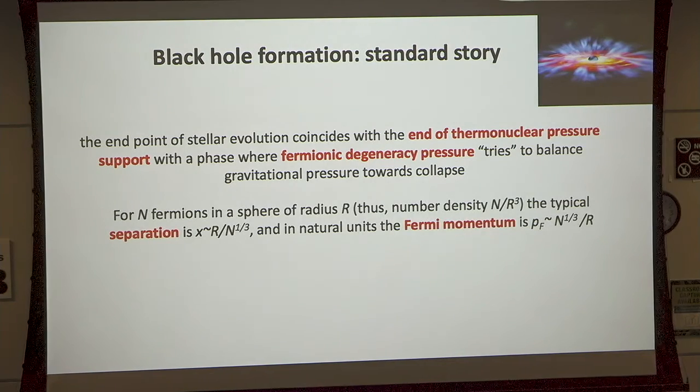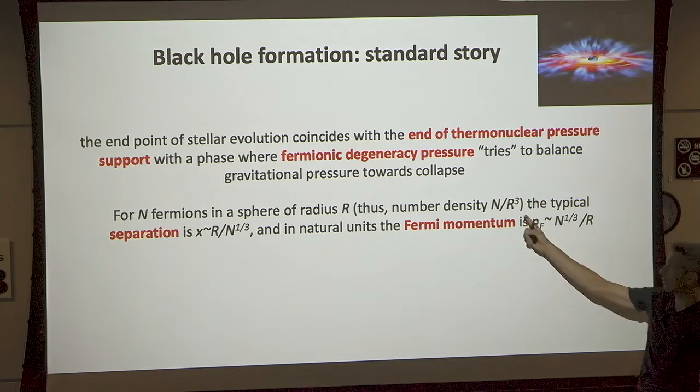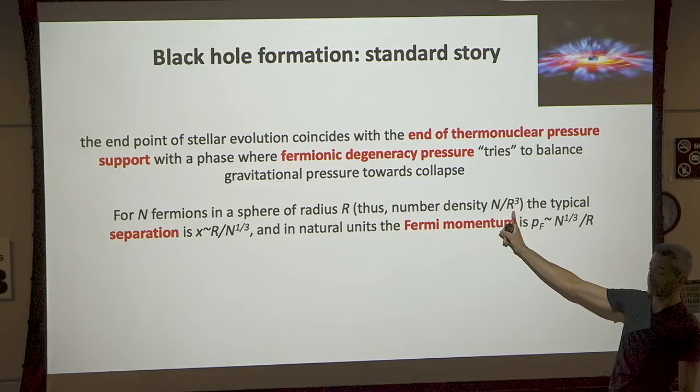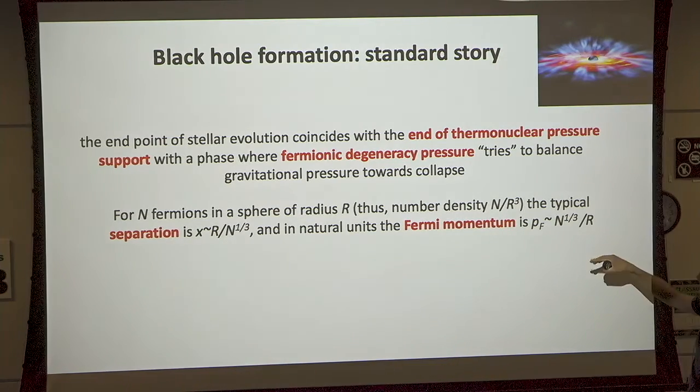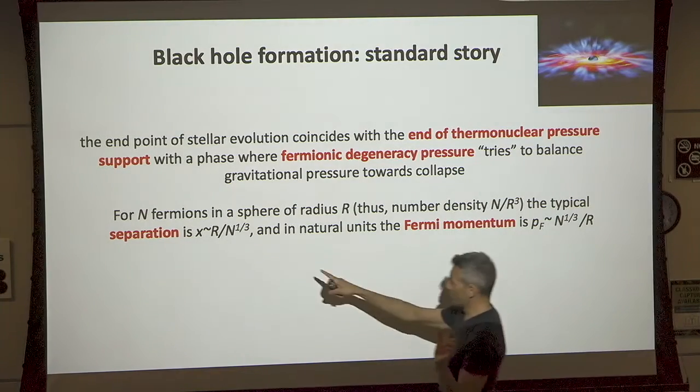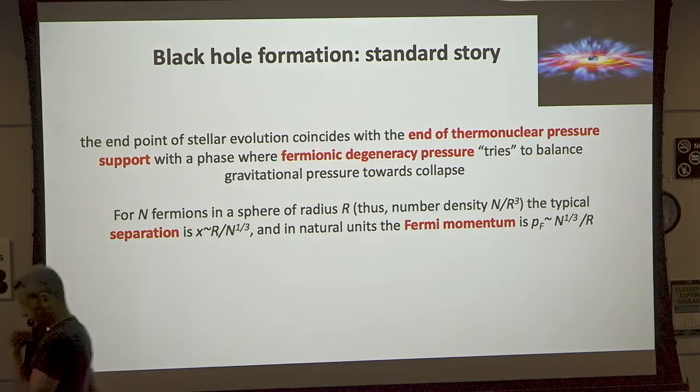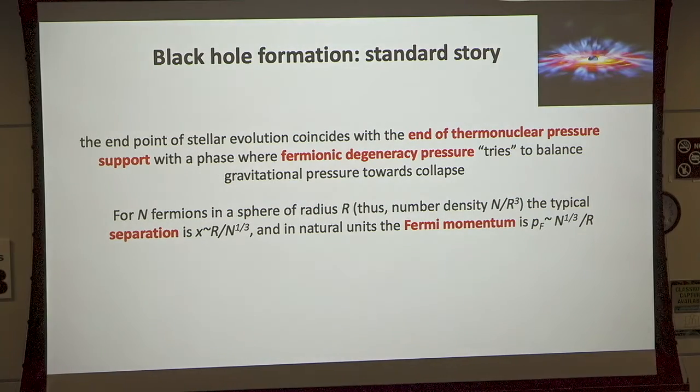So suppose that you have n fermions, and you squeeze them in a radius r. So the number density of your fermions is n divided by r cubed, forgetting the pi's, forgetting the 4/3. All right, so the typical separation between fermions is on the order of the inverse cubic root of the density, and so that's r divided by n to the 1/3.